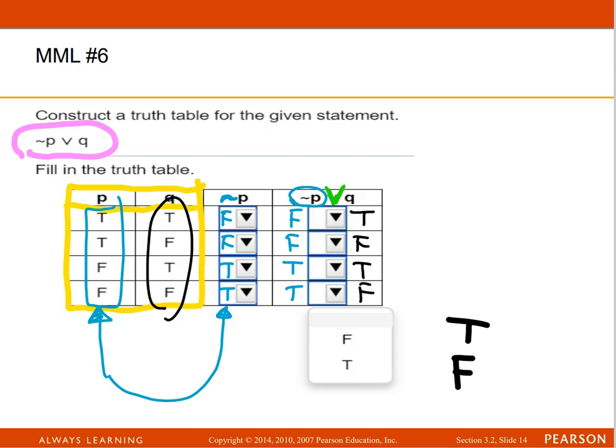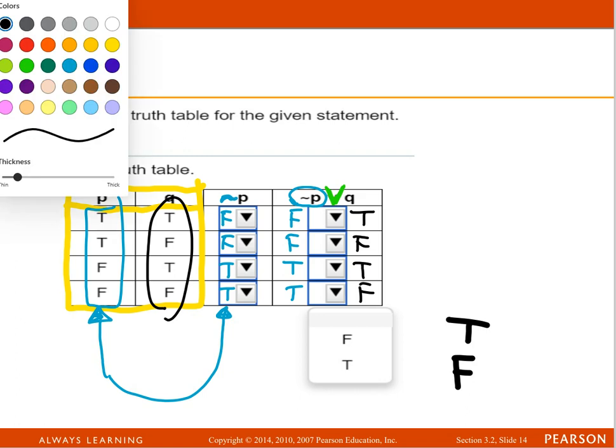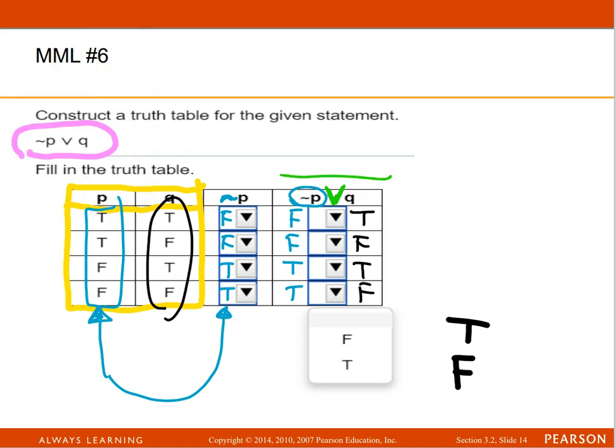So when I go to do my OR, I'm just going to look at this box right here, and I can ignore everything else on my paper because there's lots of T's and F's floating around. And then I have to remember that on an OR, as long as one of them is true, the whole thing is true. So on this first one here, I've got false or true.